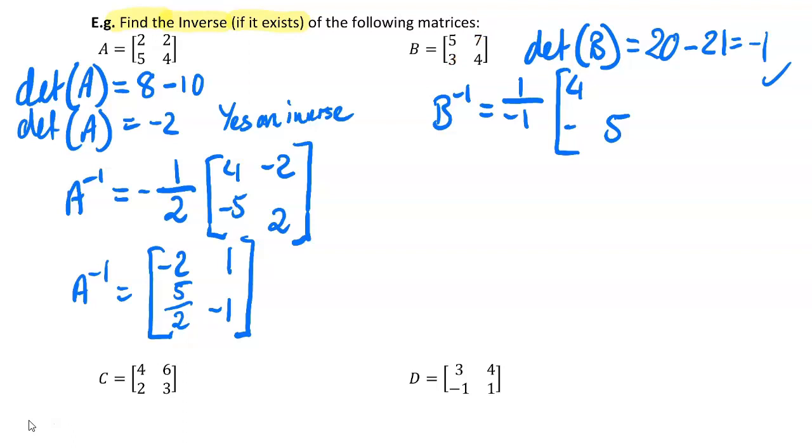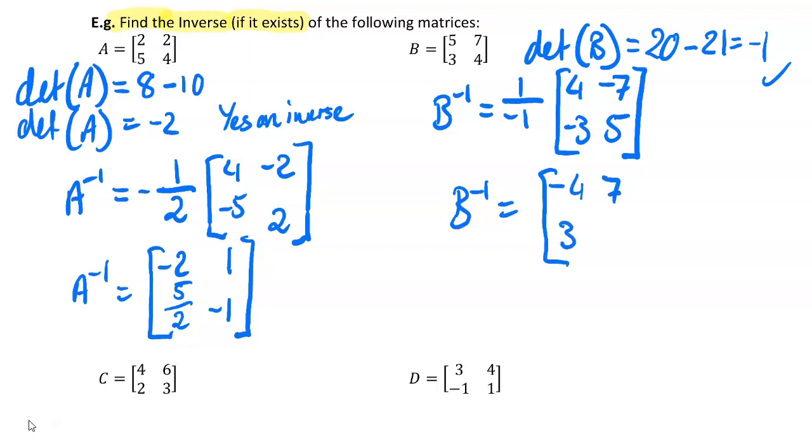So that becomes -3, -7. Okay, so 1 over -1 is 1 divided by -1, so that's -1. So I'm going to put this into here, like times this fraction by the matrix. So in other words, timesing all the elements by -1. So that becomes -4, +7, +3, and -5.